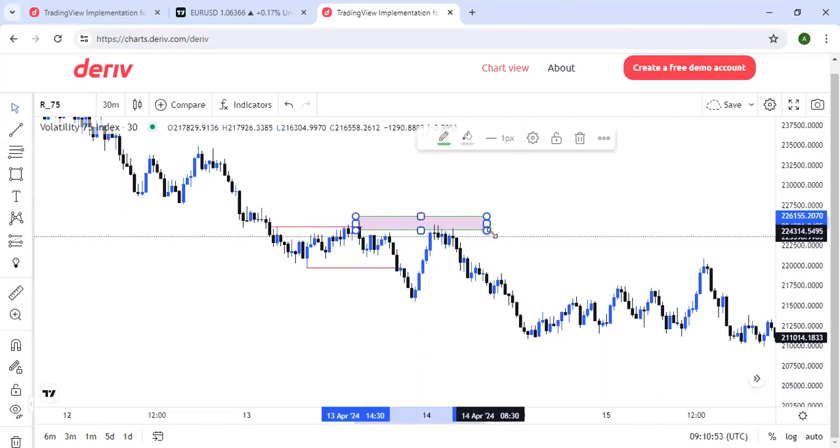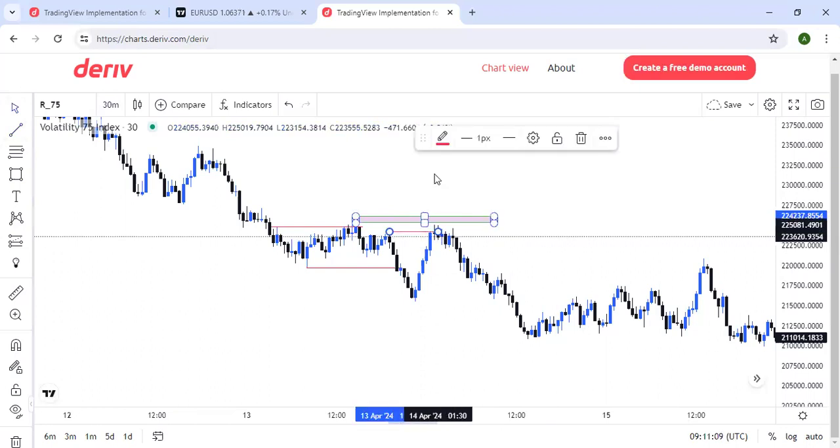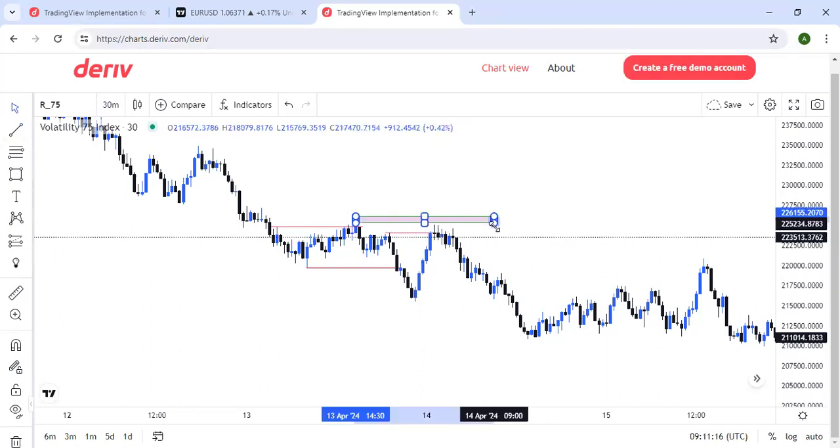Let me mark it like this. Price should come to this area. Because price had to clear inducement on M30, this was the inducement here. So my zone is above that inducement. So price came into it.